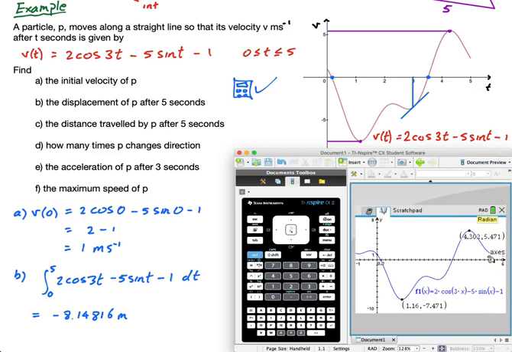Now note, I am looking at the y coordinate because that's the velocity. This is the time, that's the velocity. His velocity is obviously more than the other, but his speed is bigger. So the maximum speed of the car is 7.471.